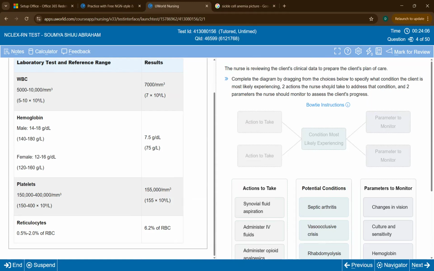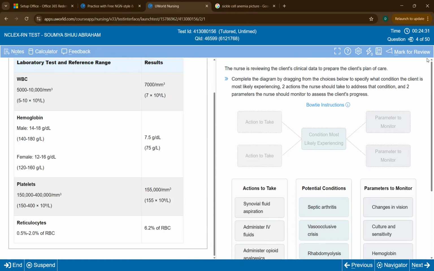Dragging from the choices below to specify what condition the client is most likely experiencing, 2 actions the nurse should take to address that condition, and 2 parameters the nurse needs to monitor to assess the client's problems.